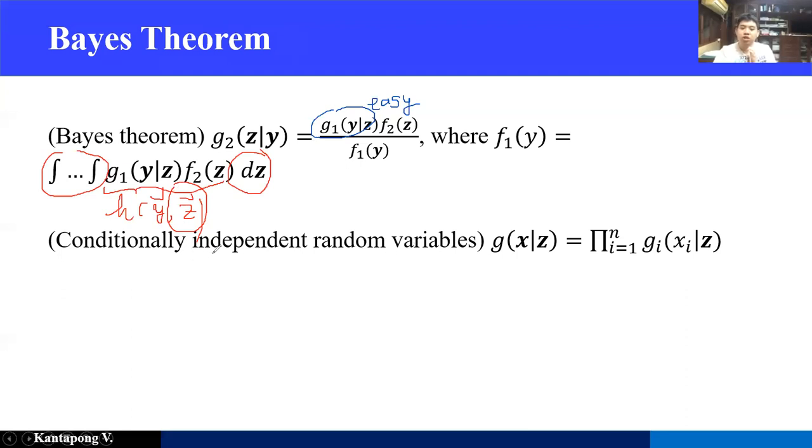And if it is conditionally independent, that is, independent given C, like what we saw in the last example, we can multiply the X's together. But because it is conditional on the vector C, that means we are going to multiply g of each X given the whole vector C. So the concept is very similar to what we have seen before.